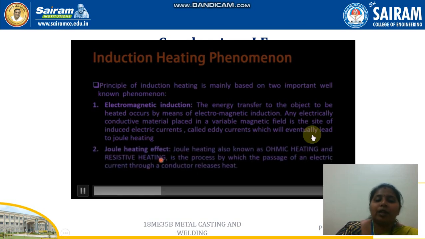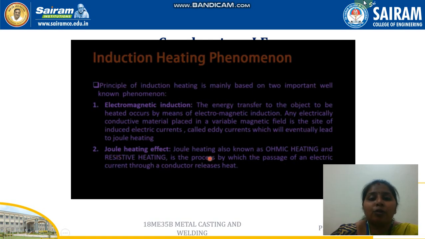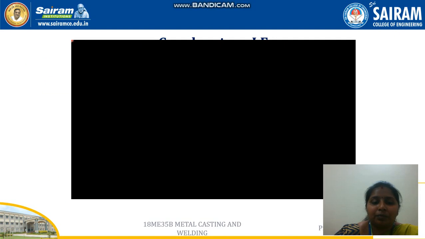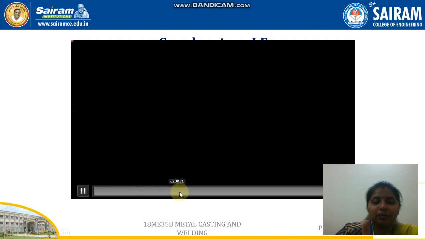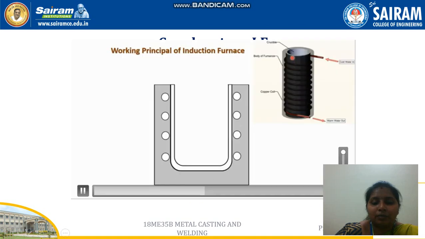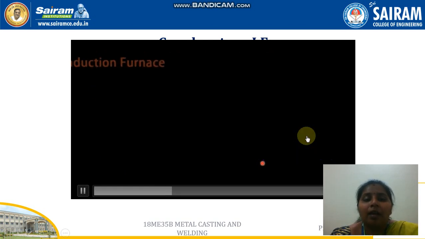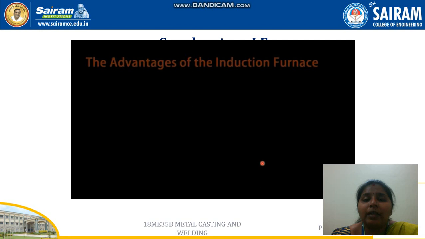The second phenomenon is the Joule heating effect, also known as ohmic heating and resistive heating. It is a process by which the passage of an electric current through a conductor releases heat.